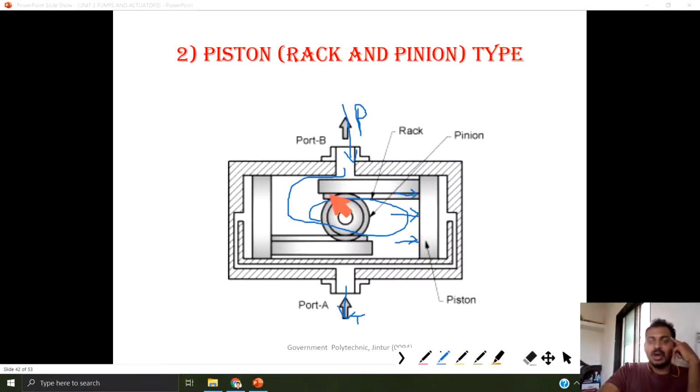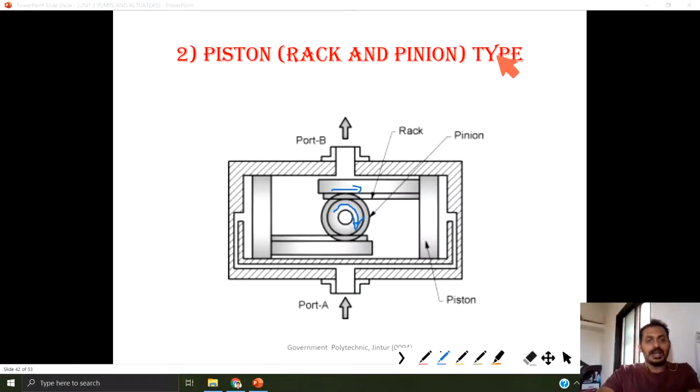So there is an opposite motion of the rack, and that motion is transferred to the pinion, so the pinion rotates in the clockwise direction. So this is the piston type, rack and pinion type of limited rotation actuator.